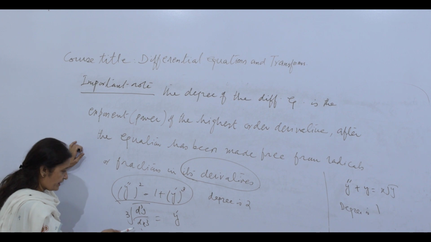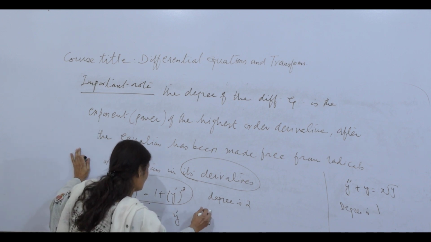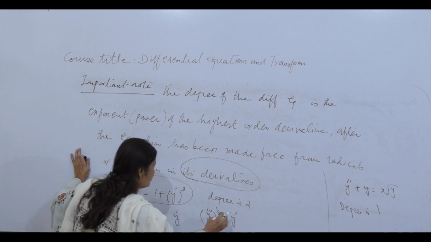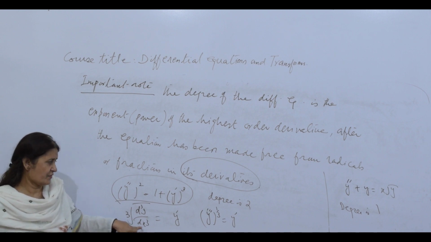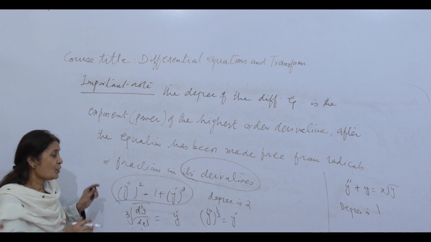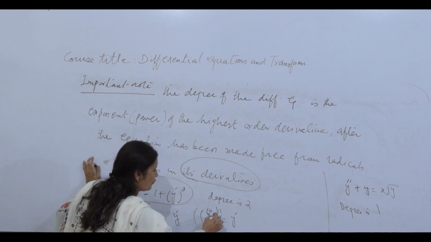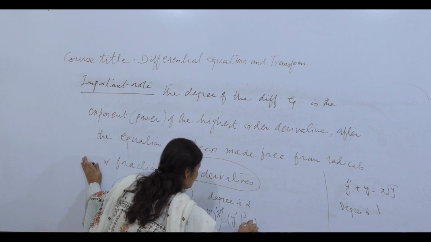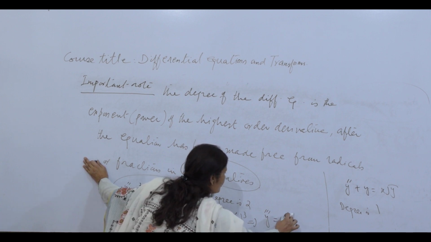Look here in this case. The equation is y triple dash raised to the power 1 by 3 is y dash. Look, under the radical sign the derivative is there. What will be the degree? You have to take the cube of both sides. Taking cube of both sides, this cancels, and you are left with y triple dash is y dash whole cube.